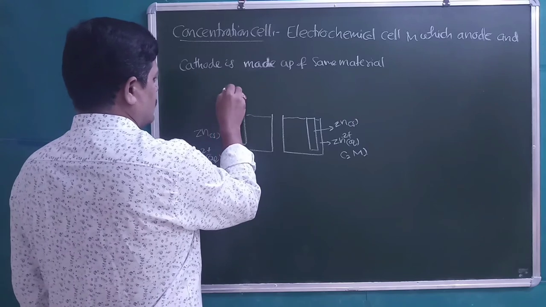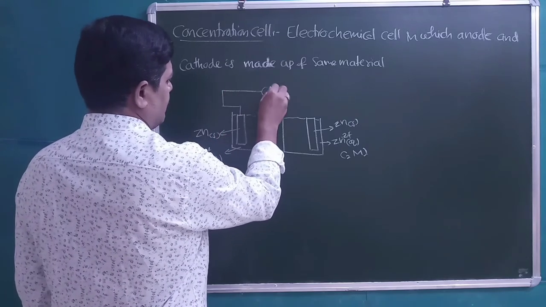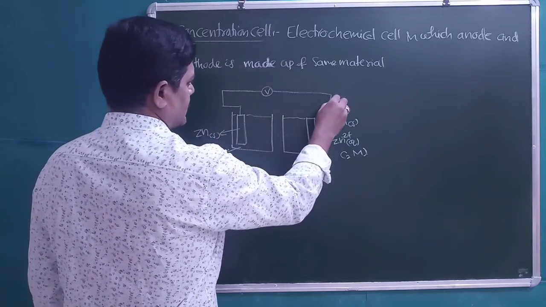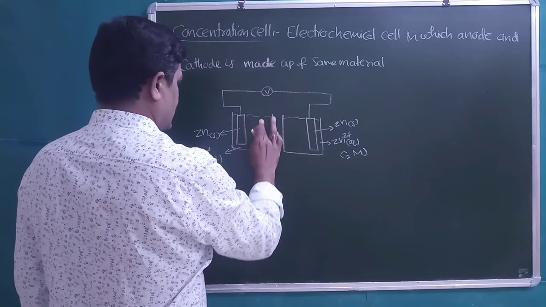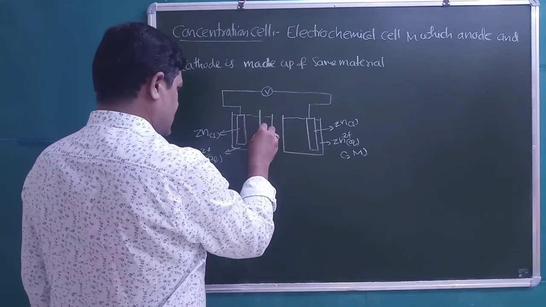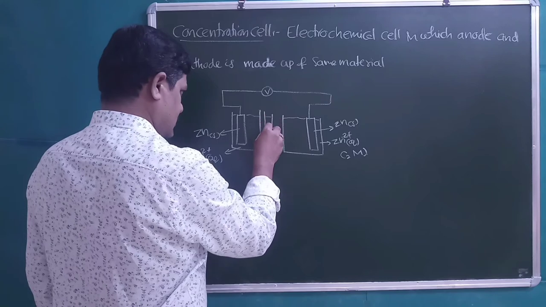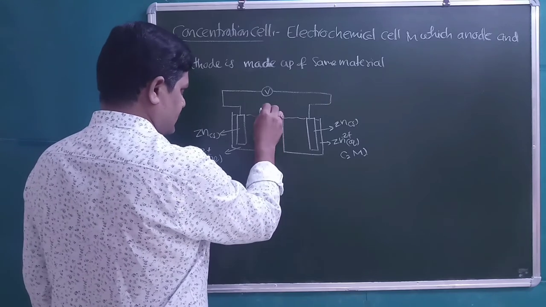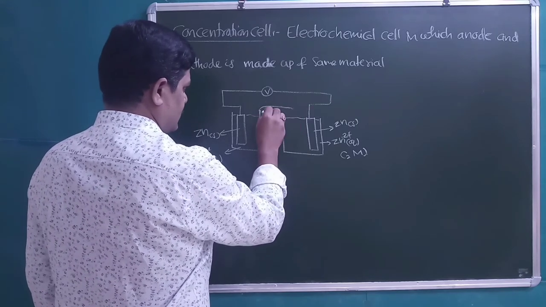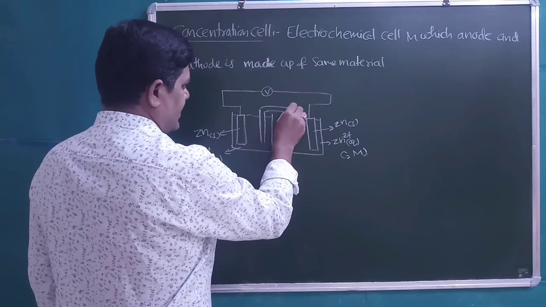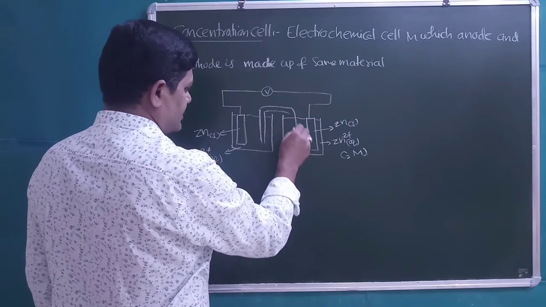These two electrodes are connected through a metallic wire, and a salt bridge is kept in these solutions, which is used for maintaining electroneutrality of the cell.